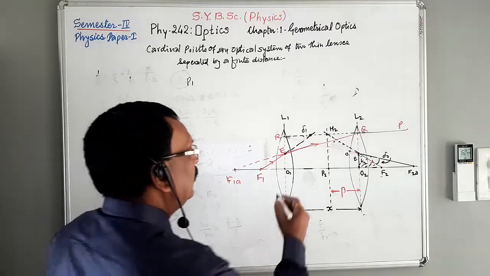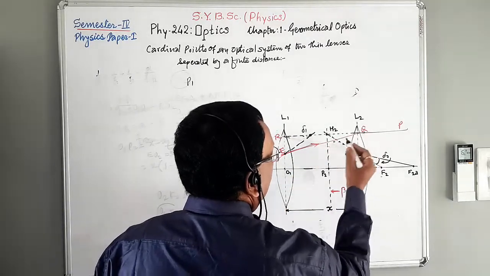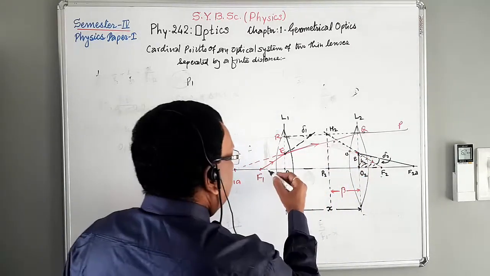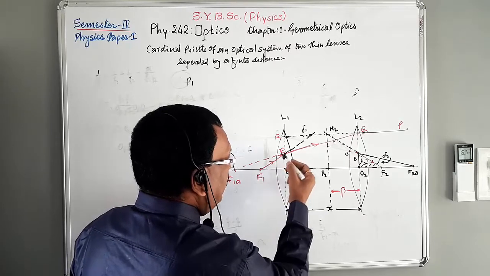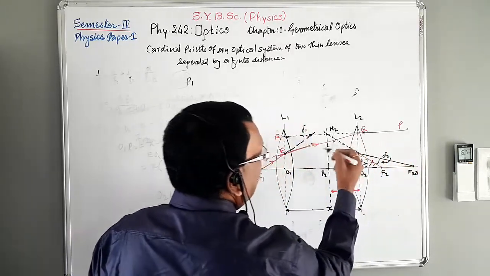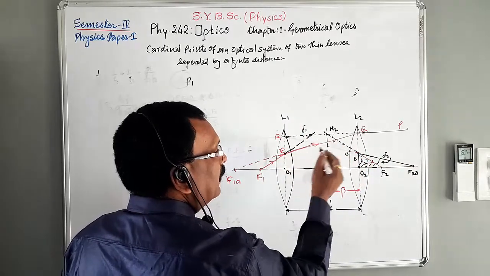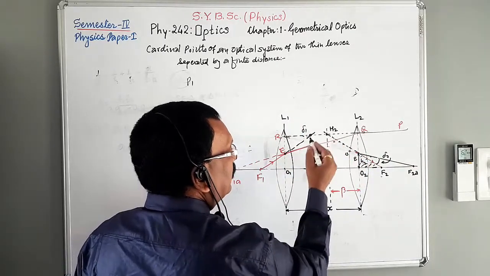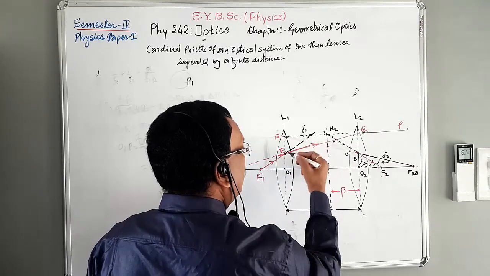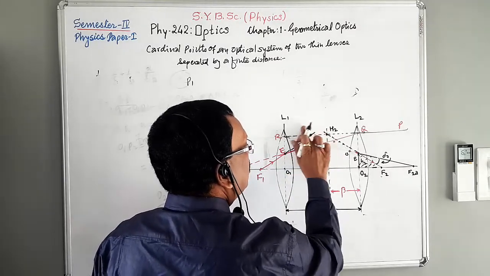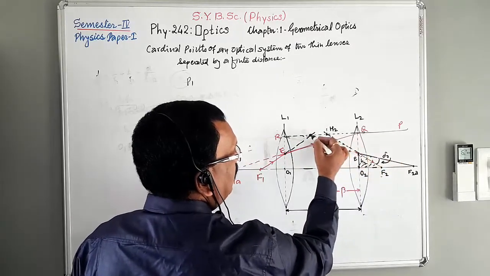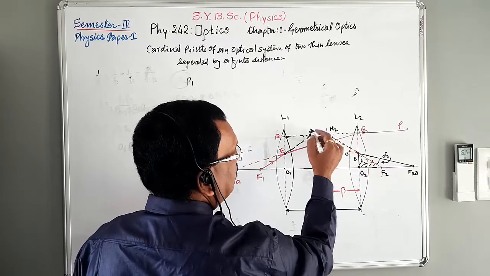Okay, and in this figure, when the incident ray F1E and the final emergent ray QP are produced such that they intersect at this point. When F1E is produced further forward, it will reach this point. And when QP is produced backward, it comes to this point and they get intersected.